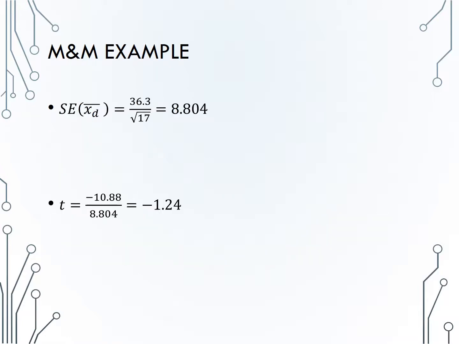You should have gotten a standard error of the mean of differences of 8.804 with a standardized statistic of negative 1.24. Hopefully those are the values you got. Now pause the video and let's interpret these values.